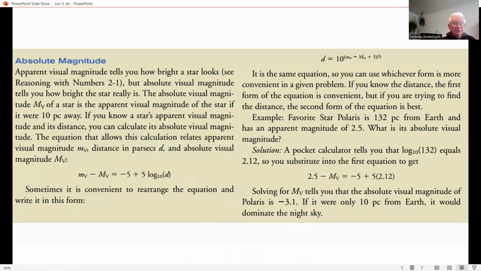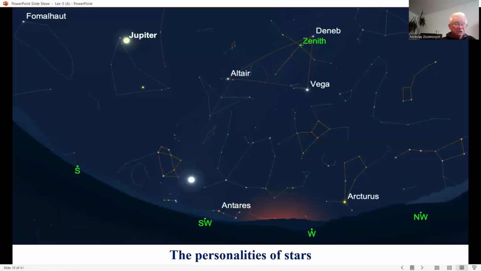The intrinsically brightest stars known have absolute visual magnitudes of about -8, which means that such a star 10 parsecs from Earth would be nearly as bright as the moon. Such stars are 13 magnitudes brighter than the sun, so they must be emitting over 100,000 times more light than the sun.